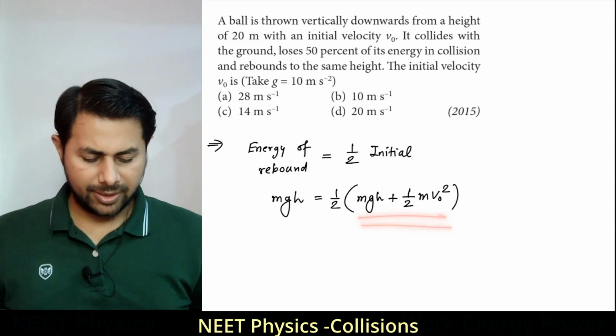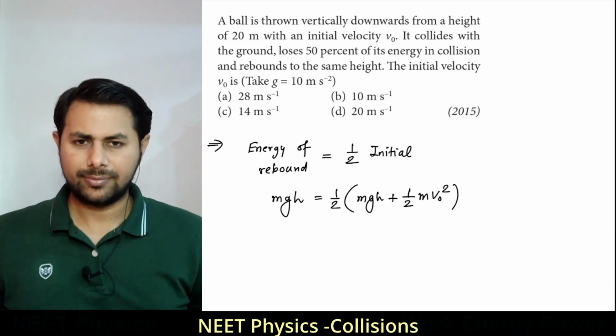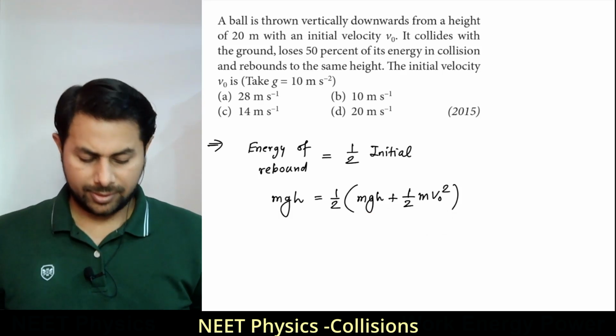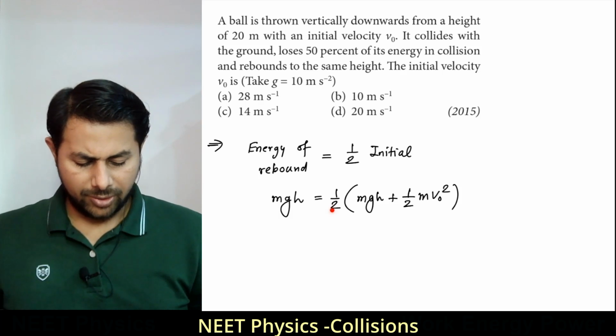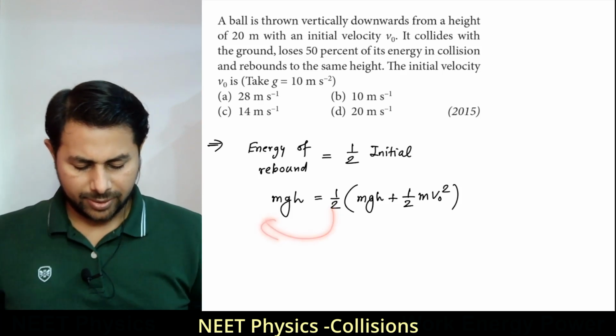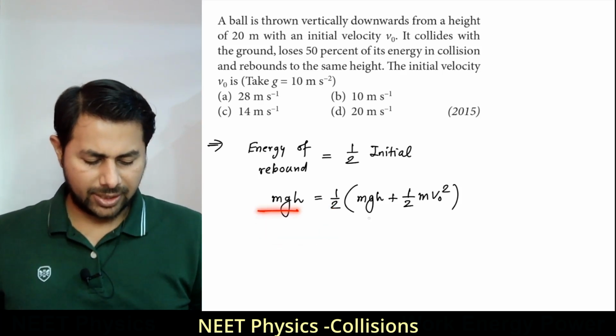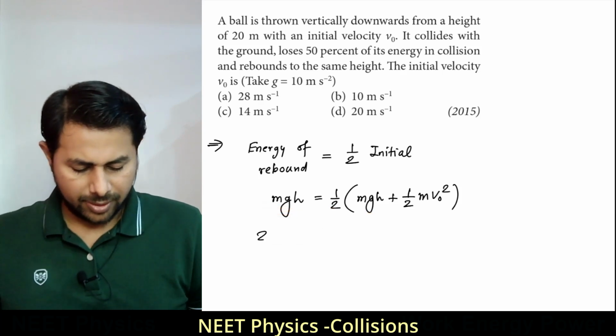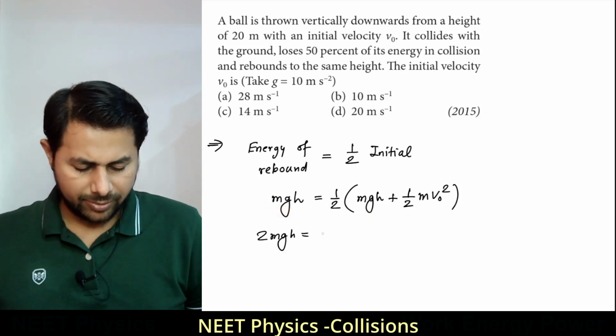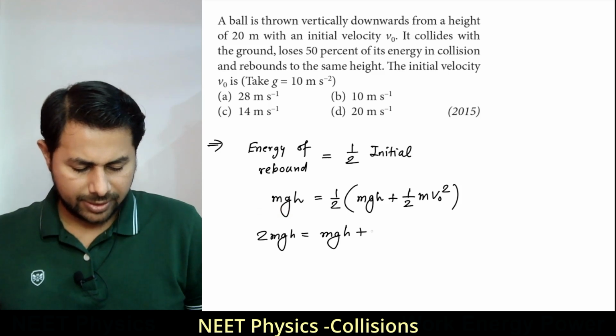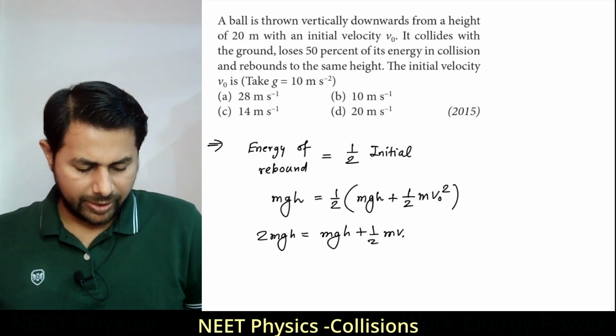Okay, this thing is clear, everyone? Right? So then you can move this 2 on this side. So we have 2 mgh is equal to mgh plus half m v0 square.